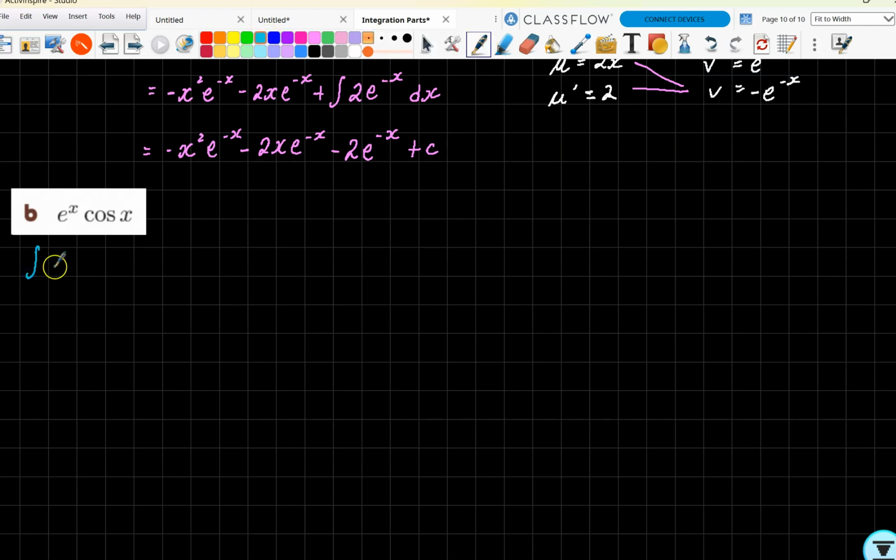I'm going to go integral e to the x cos x. Okay, and we're going to start with let u this time equal e to the x, u dash is e to the x, and then v dash is cos x, and the integral of that is sine x.